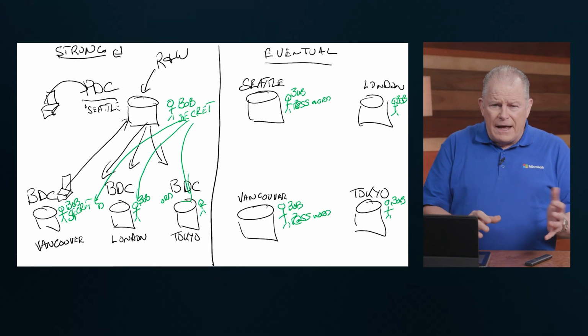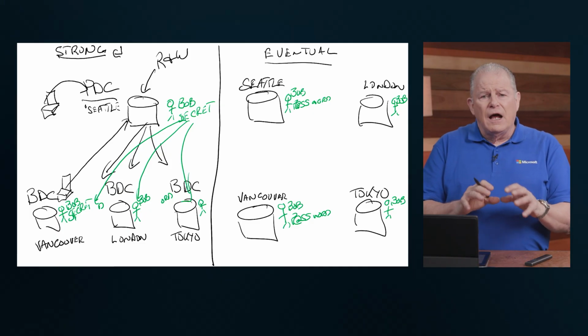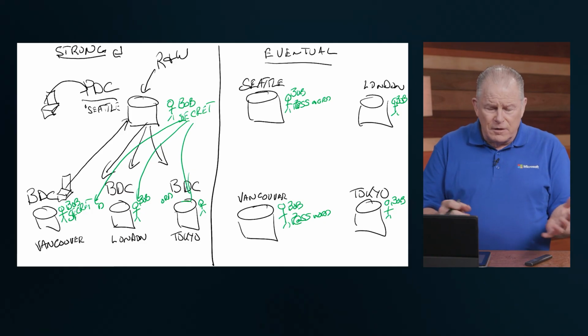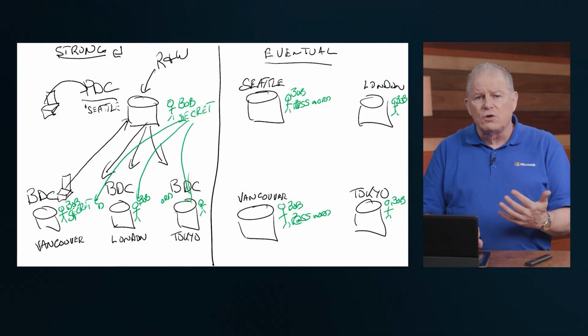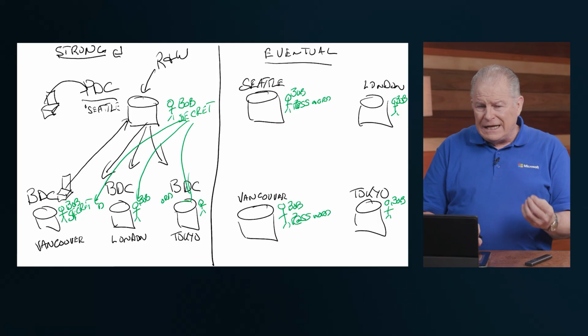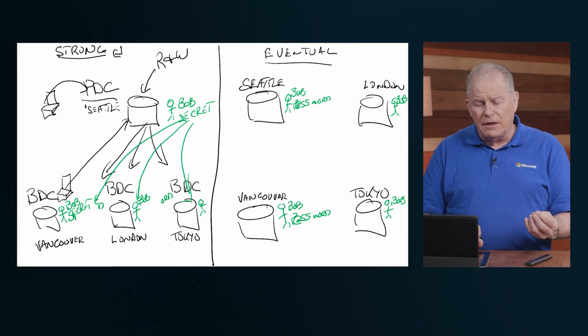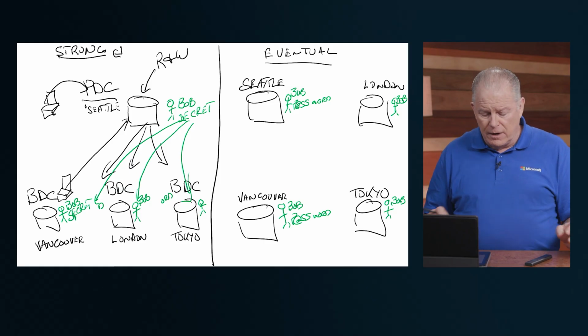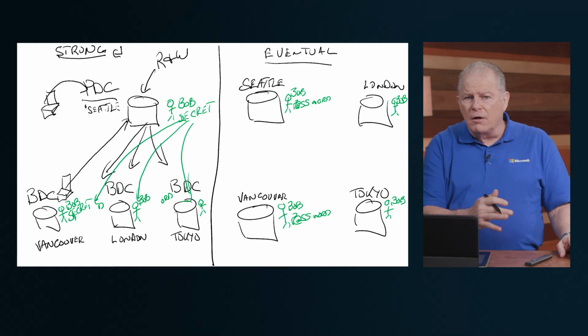In a traditional manner, it's not always what happened, but until that replication was confirmed across all data, the term you might hear is normalized. Once it's normalized, that originating change at the primary domain controller wouldn't be available anywhere until it was available everywhere. That's that strong model.